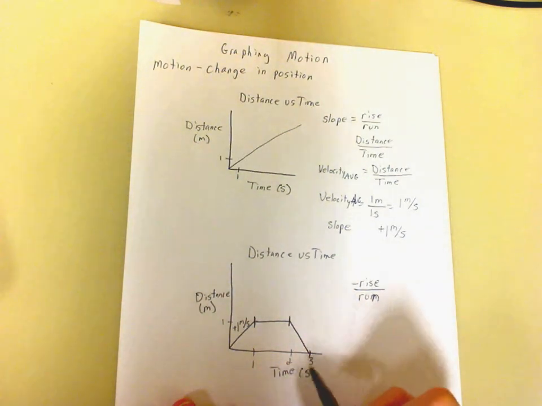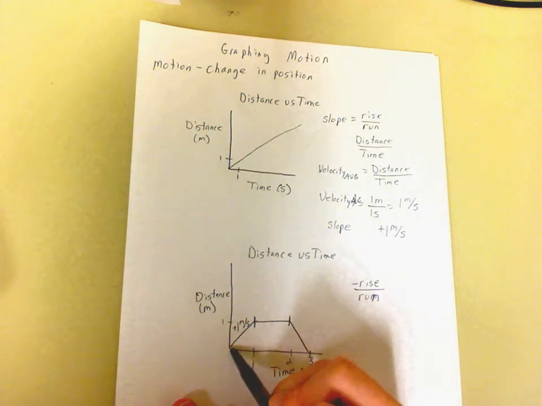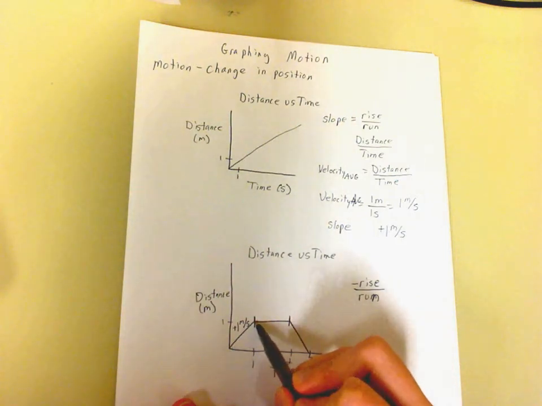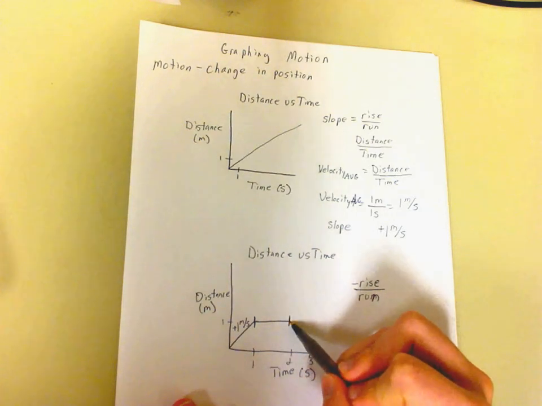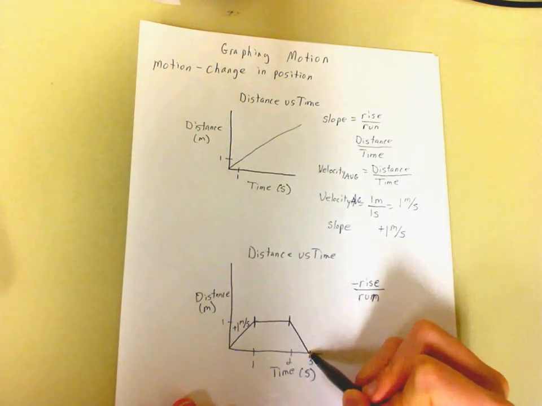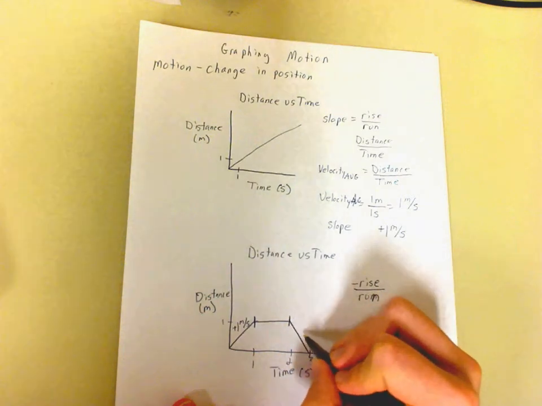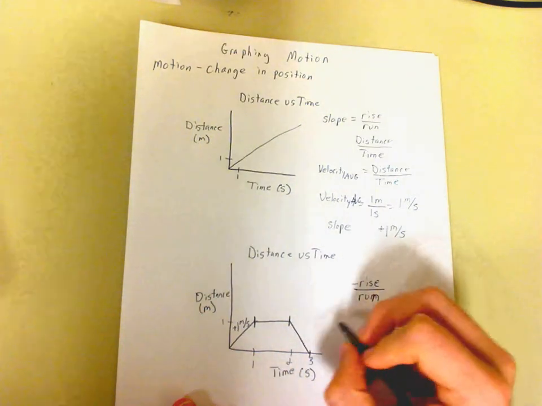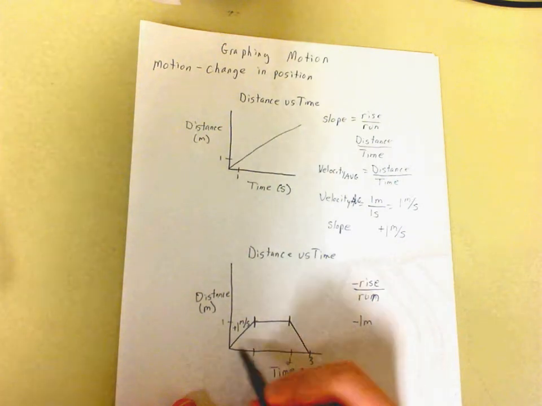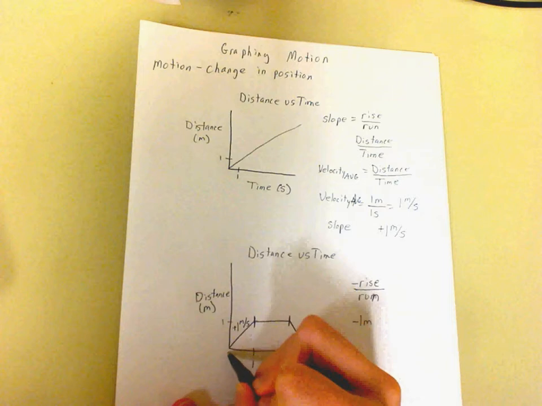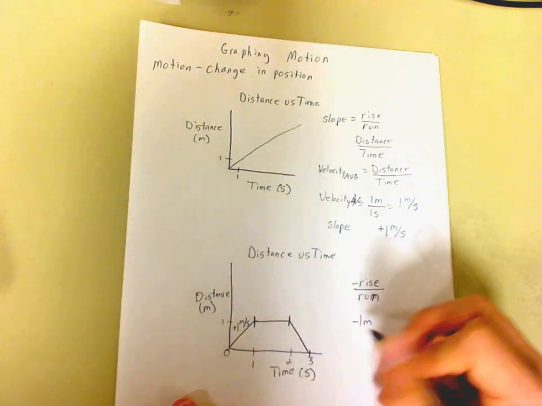We went up 1 meter. We stayed stationary for an entire second, and then turned around. We'd say we turned around because we have that negative velocity, or that negative 1 meter, because we went back to 0. We went back to our original starting point, and time still continued on.